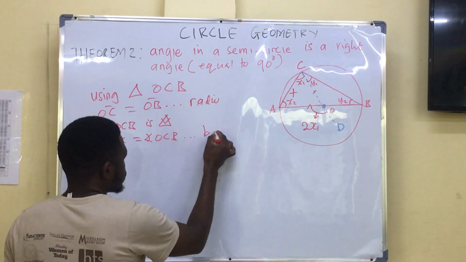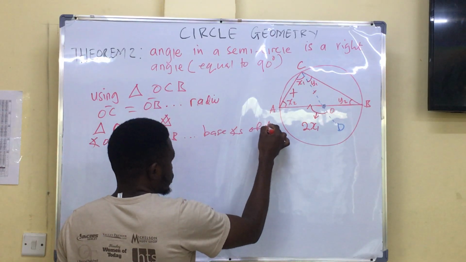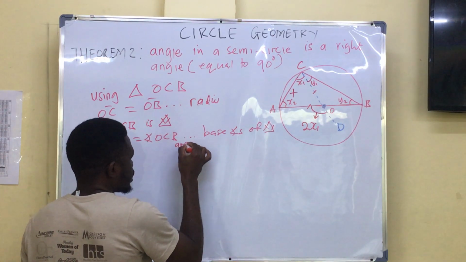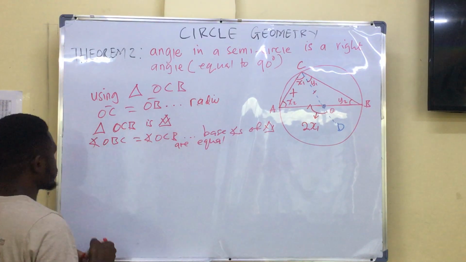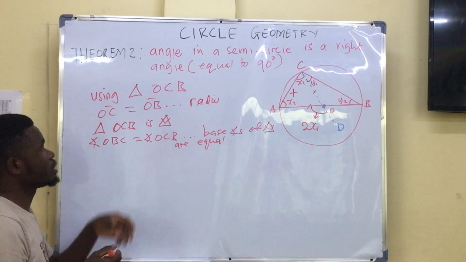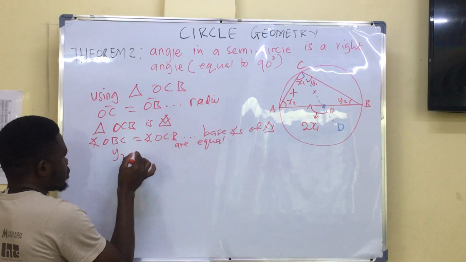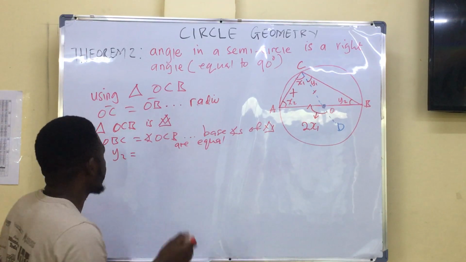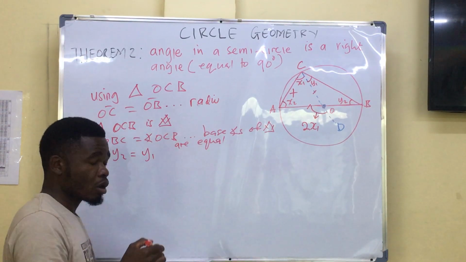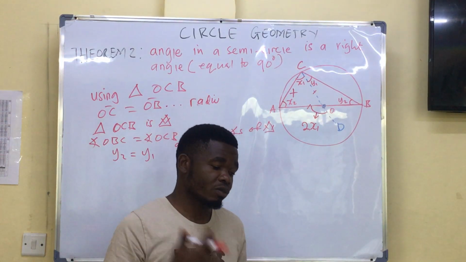Reason: base angles of an isosceles triangle are equal. OBC is y2 and OCB is y1, meaning y2 is equal to y1.